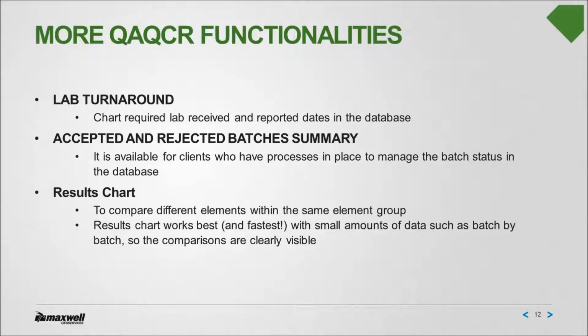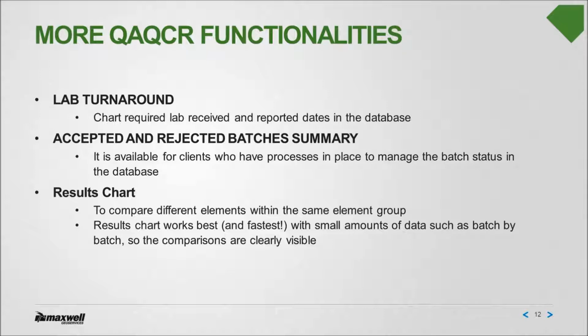After checking all the results, like the standards and duplicates, we will decide whether the batch is accepted, rejected, flagged out, or whatever. So we can change the setting in our batch status table. Then we will see the charts in QAQCR.